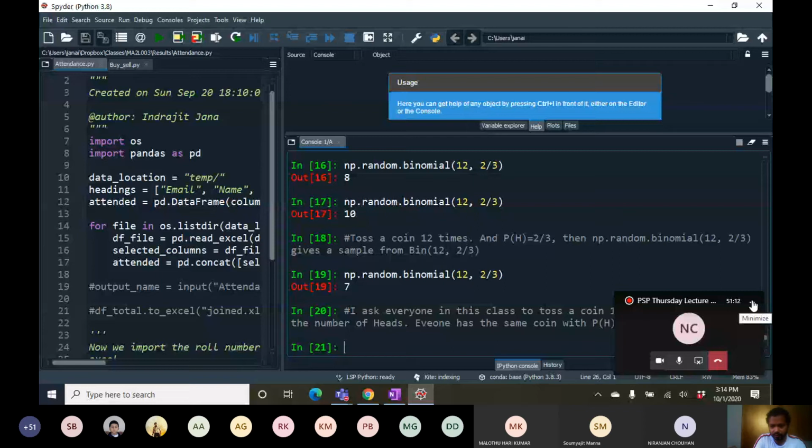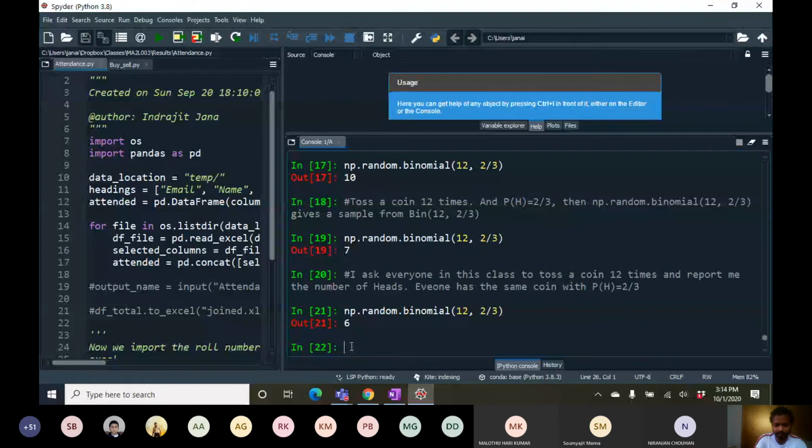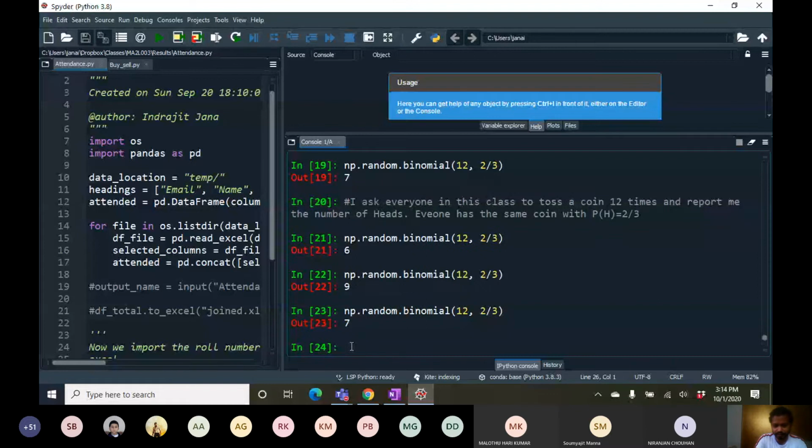Each of them tosses the coin 12 times and reports to me the number of heads. Right now, everyone is going to get a different number of heads. So what I can do is run this simulation 63 times, and I will get 63 answers. You can also try to run a for loop 63 times.